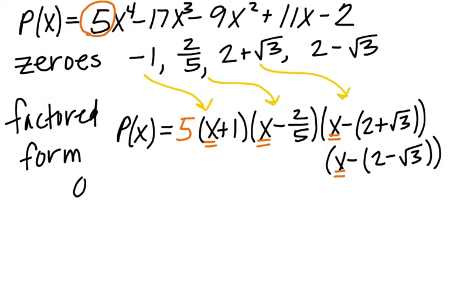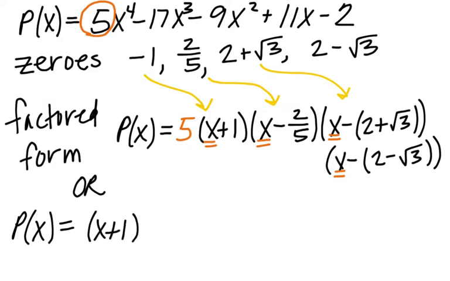Now, the other way of writing this, if you don't like the idea of going back and putting your leading coefficient in, is that you could take that 5 and embed it inside one of those linear factors. And that would look like this. Think about what it would look like if you took the 5 and you distributed it to the factor x minus 2/5.